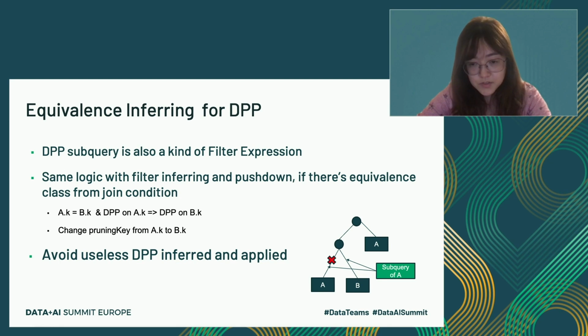We generate a DPP subquery from A and then push down to the subtree, but we can only push down to table B. For table A, even if there is an equivalence class join condition, we cannot push down because this is the same table. So we add some logic to avoid such DPP being inferred and applied.